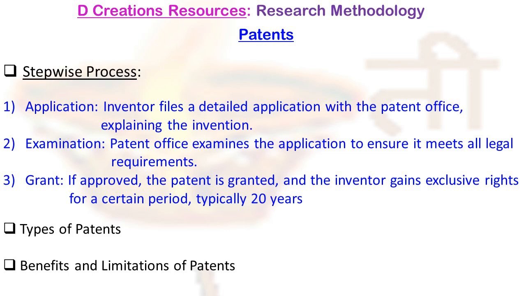Now, if you wish to list the limitations of a patent, first thing, of course, is cost. The patent process can be very expensive, and many a time people hire a patent attorney or agent to help navigate the process and to ensure that your application is robust. So that professional help will also cost you something.